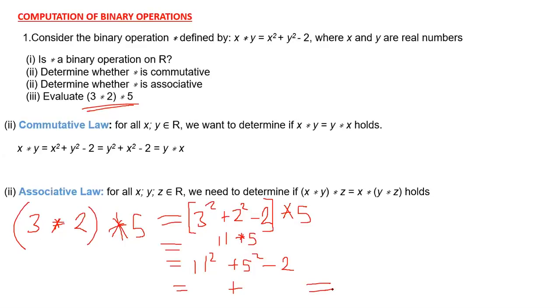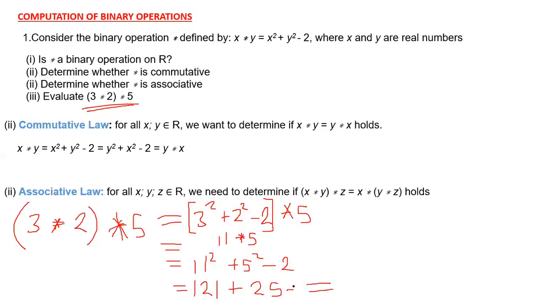11 times 11 is equal to 121. So this one will give you 121. Then 5 times 5 is equal to 25.